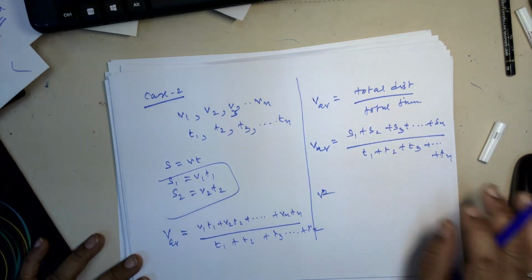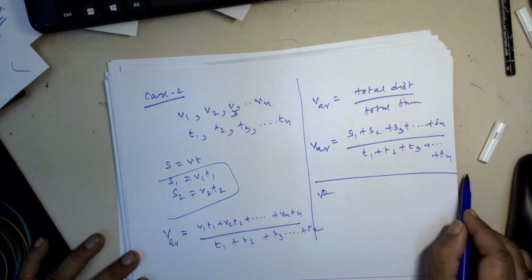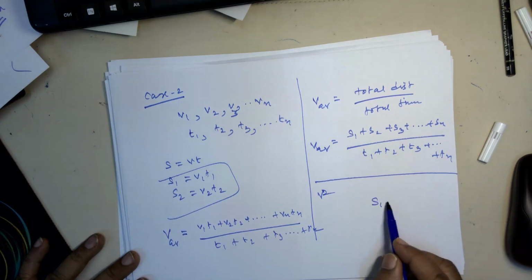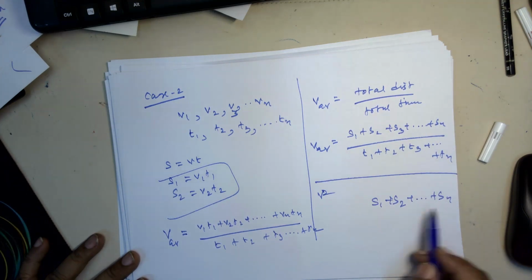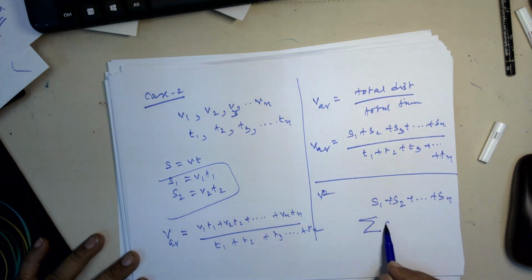Right? And these summations can be easily represented. For example, when you want to write S1 plus S2 etc. up to Sn, you can simply put the summation of Si, where i starts from 1 to n.